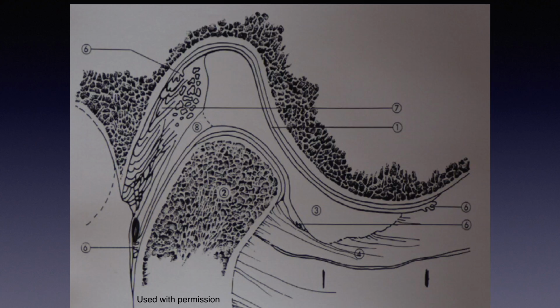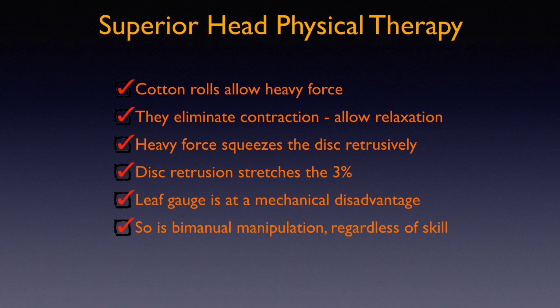Visualize what happens if the disc is moved somewhat protrusively between the eminence and the condyle. The disc is acting effectively as a wedge between them. A loading closure force tends to squeeze the disc retrusively, thus stretching the muscle.